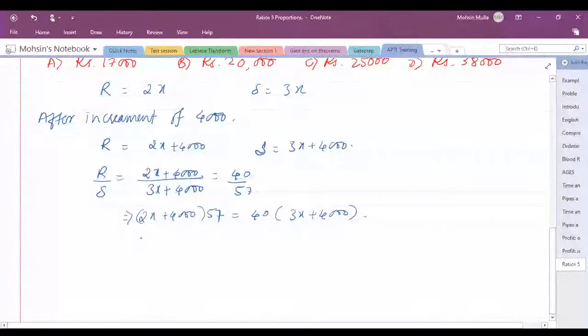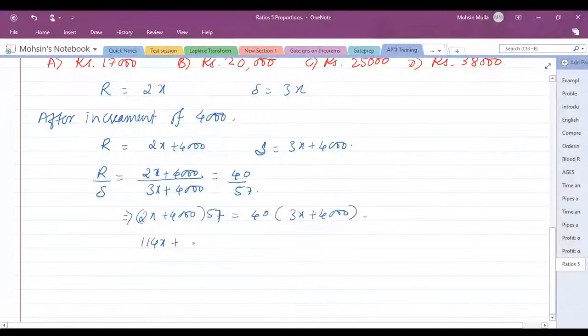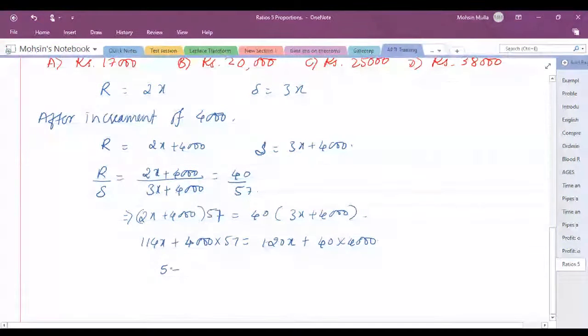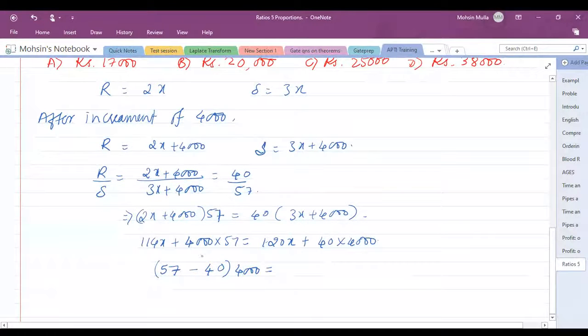So this is going to become 114x plus 57 into 4000, and I'll keep that as it is. I'll not calculate the value because I can take 4000 common later. On the right, 120x plus 40 into 4000. Now I will take the x terms on one side and these terms on the other side. So on the left hand side I keep 57 and take the other term across, minus 40, common 4000, and then take 114x to the right hand side, so it will be 120 minus 114x.